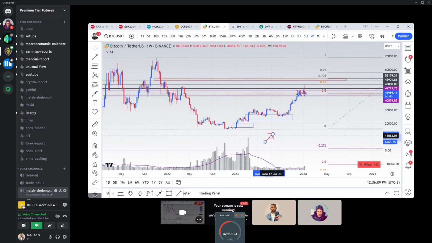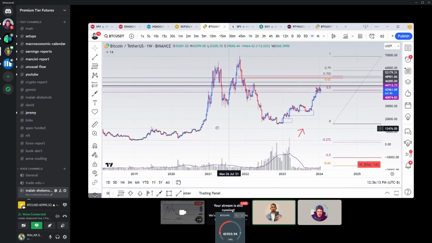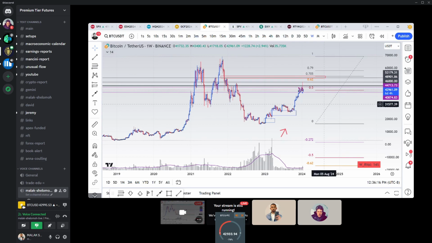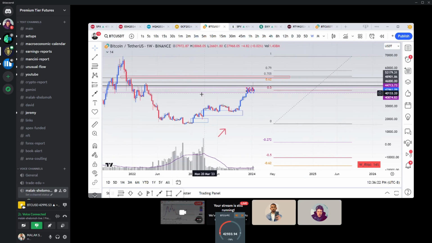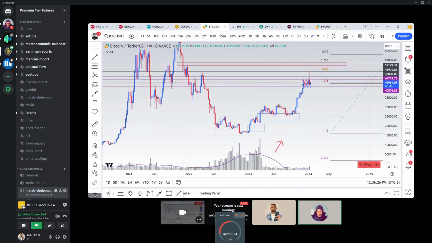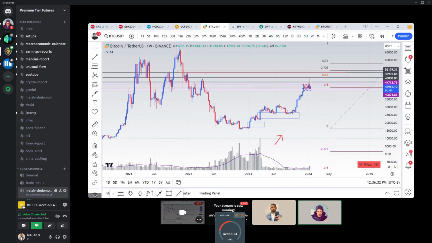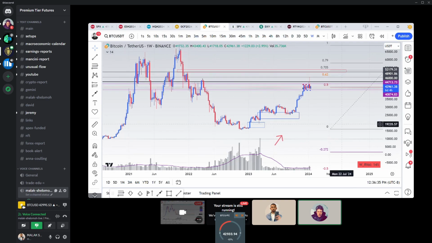So from both sides, it's looking probable for a pullback, considering we just swept the liquidity right here. Not that it won't pull back and then run higher, but where it's at right now, this is a danger zone for a pullback for sure.